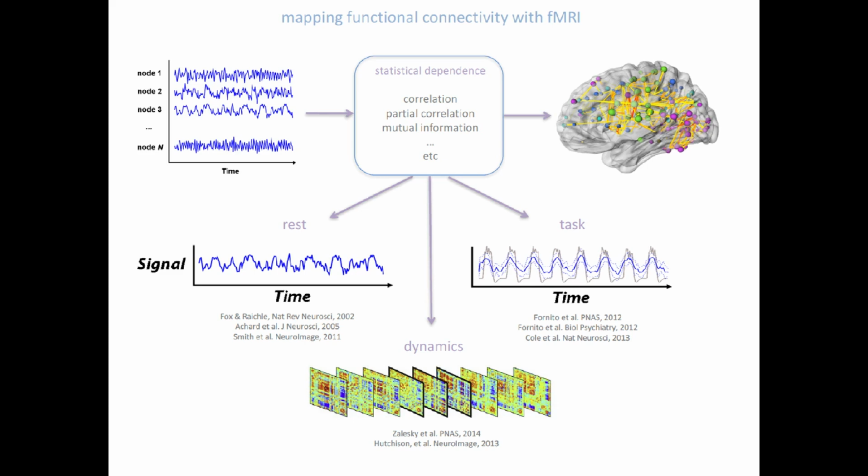Then the other option is to look at brain activity during a task. In this case, it's a little bit more complicated because the task is driving activity in a particular way. So if we just take our bold signals and correlate them, we're not really going to understand whether a correlation is driven by what's happening during the task or some intrinsic background spontaneous property of dynamics.